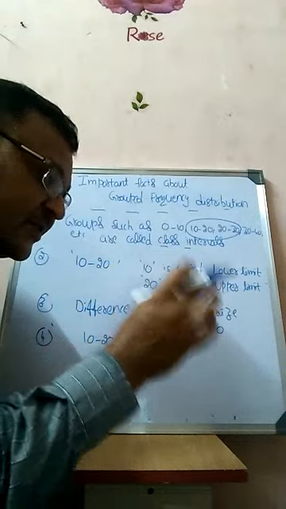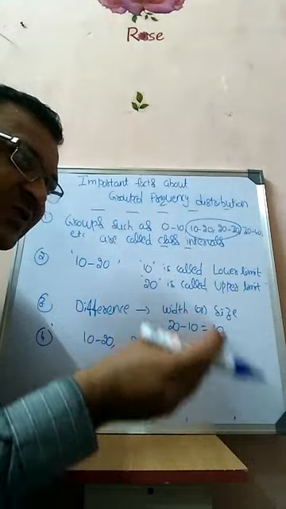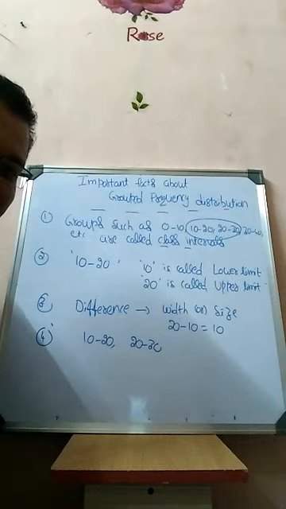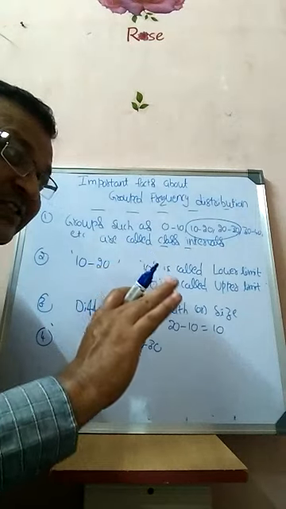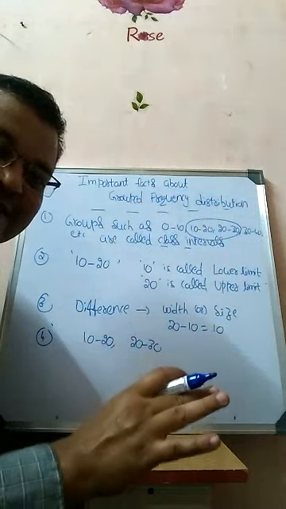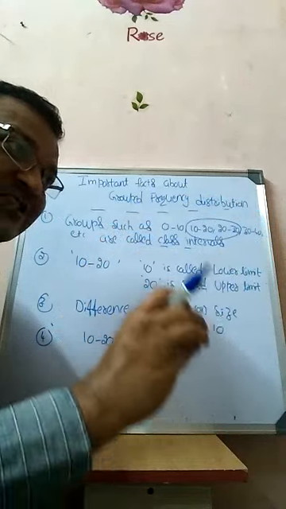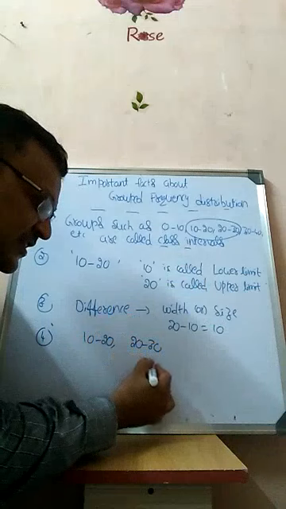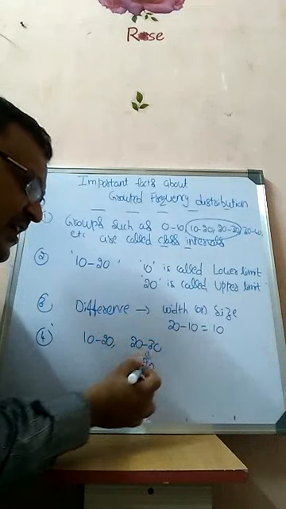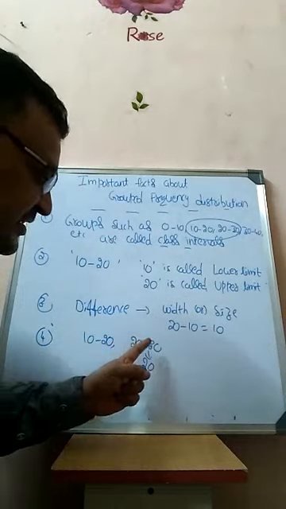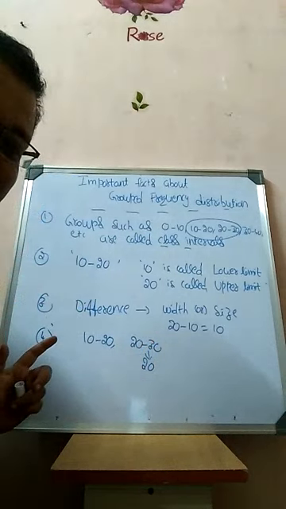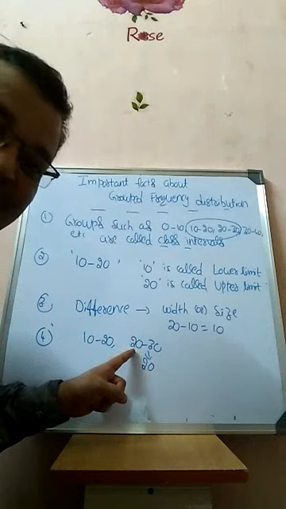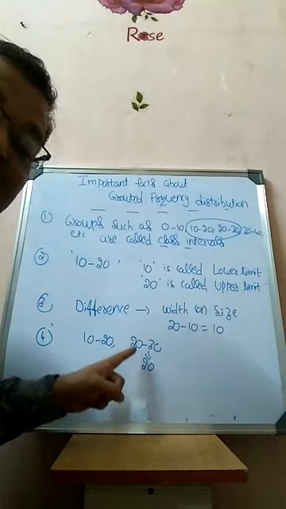You have to remember one thing here: the class whose lower limit is 20, he will belong to that class only. We won't give importance to the upper limit. We give first preference to the lower limit. So if any student got 20 marks, he will belong to the 20-30 class interval, because its lower limit is 20.